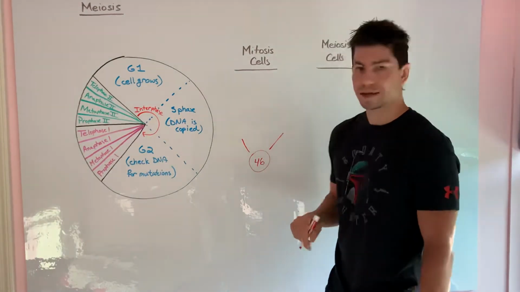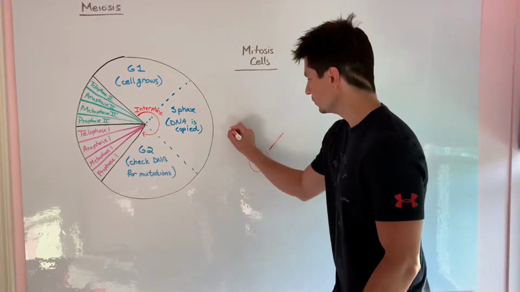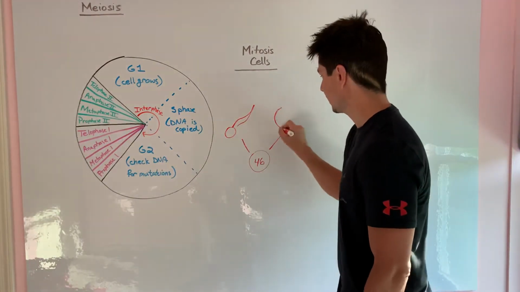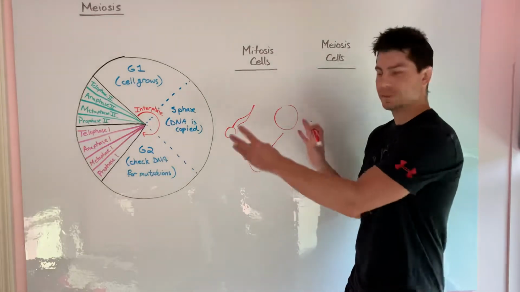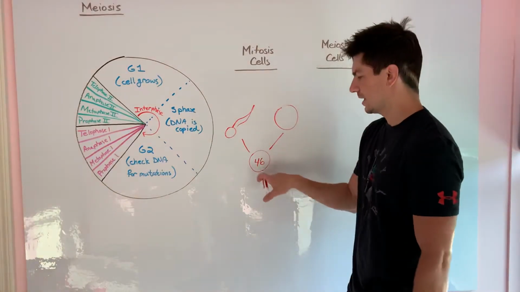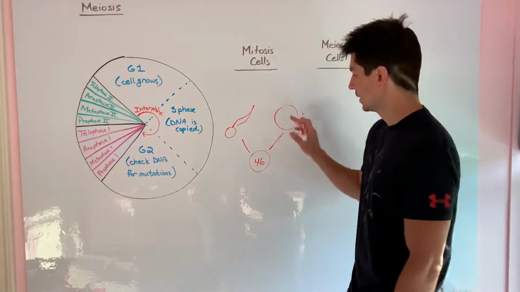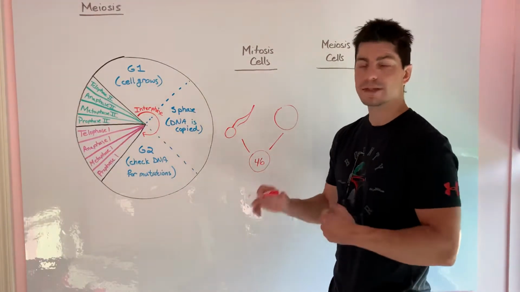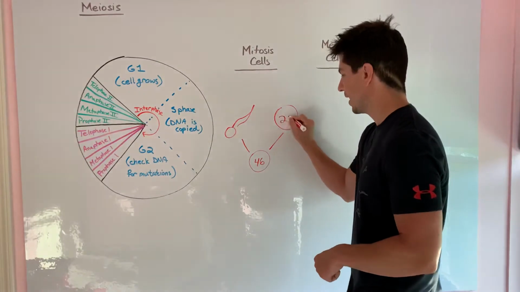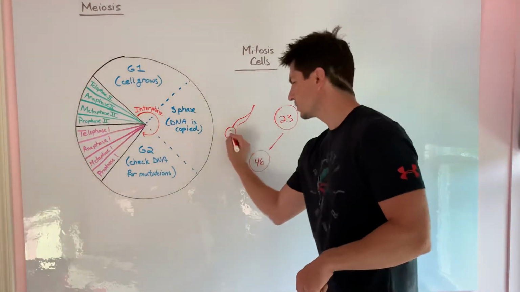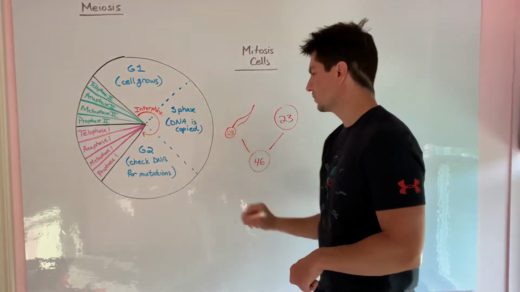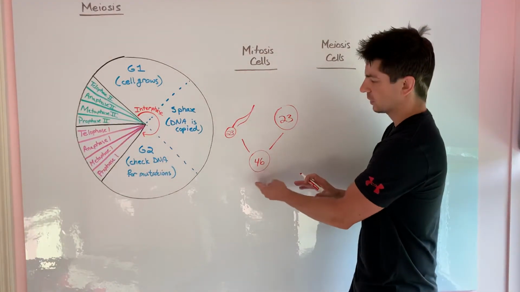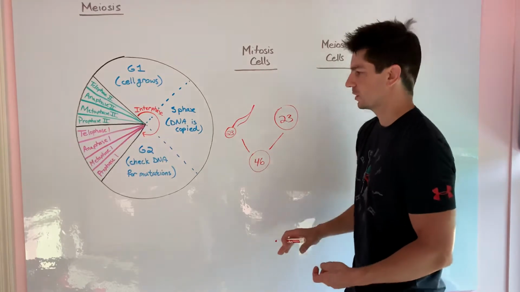Whenever we are making you, the sperm comes and it meets the egg, and they combine together through fertilization, and they make you with 46 chromosomes. Each one of these is going to give you 23 chromosomes. So the egg is going to have 23 chromosomes, the sperm is going to have 23 chromosomes, and those combine together to make you as one single solitary cell with 46 chromosomes.